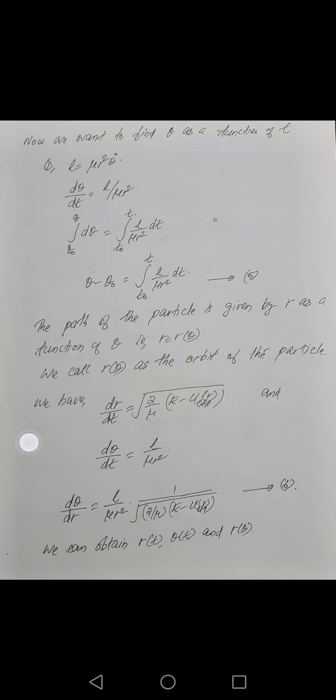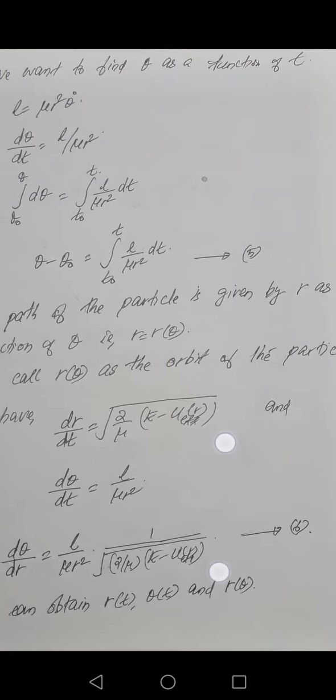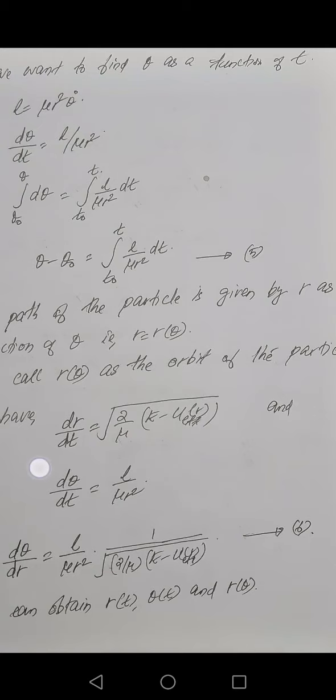Since we have dr by dt is square root of 2 by mu (E minus u effective of r) and d theta by dt is L by mu r squared, I divide this by this one. Therefore, I get d theta by dr, where dt cancels: d theta by dr is equal to L by mu r squared into 1 by square root of 2 by mu into (E minus u effective).